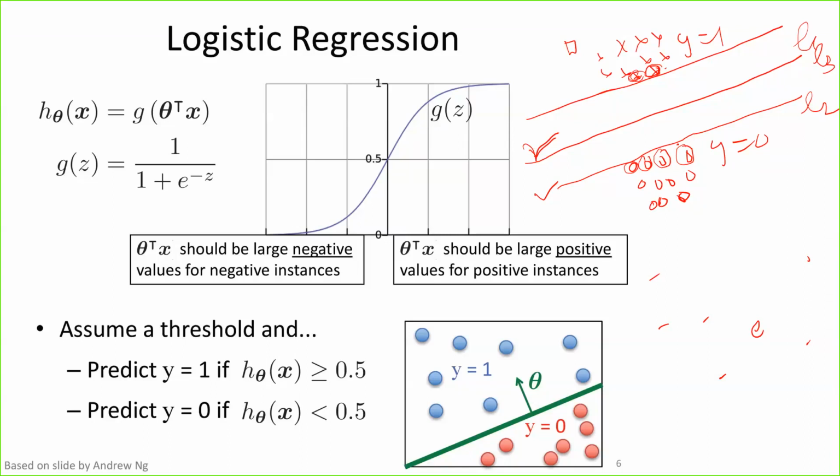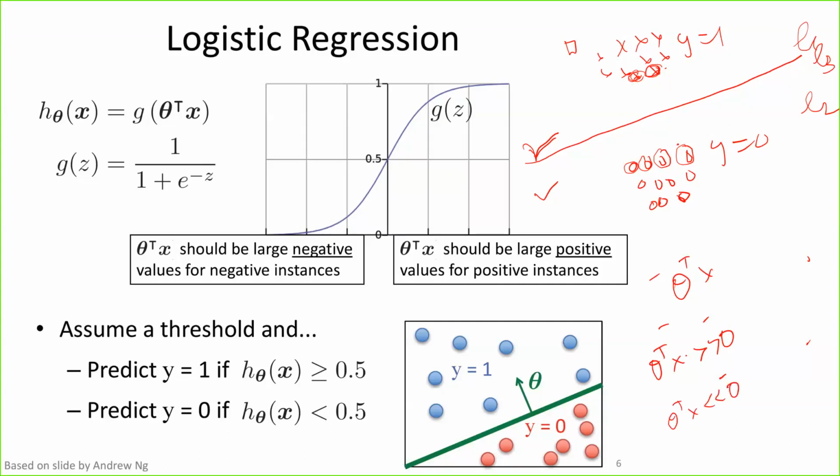If it has to be confident about most of the points, this line should be far away from both sides. So we learn this line theta transpose x in such a way that theta transpose x is a big positive number for all the positive instances in the training data, and a big negative number for all the negative instances.